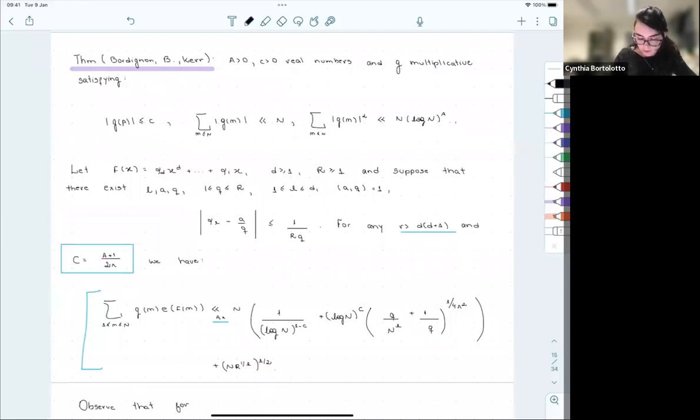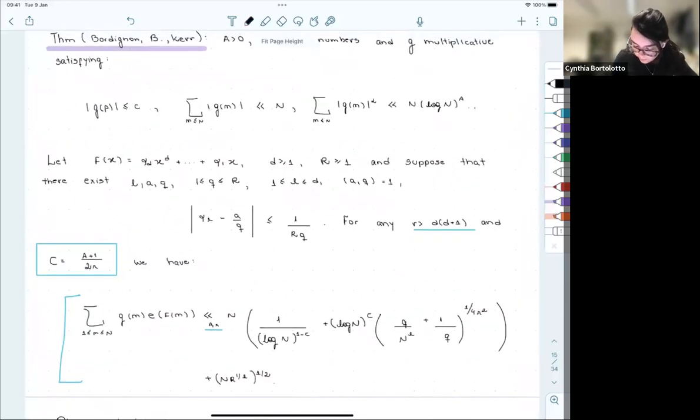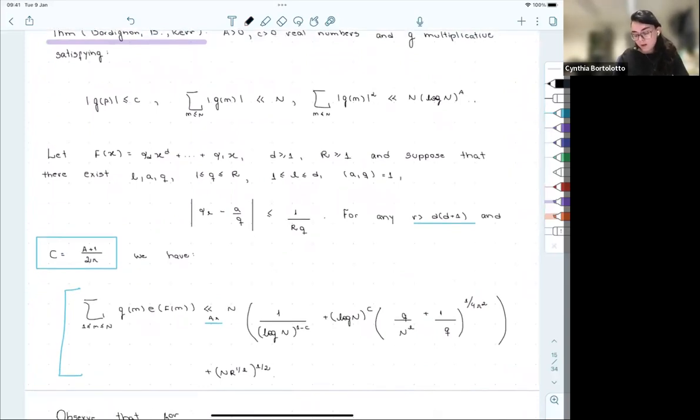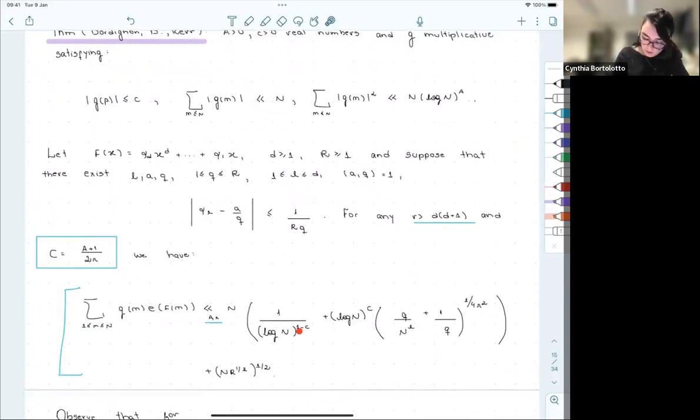And we observe that when we take R very big, then we can make this C smaller. The first term here is log n to the 1 minus C. So we lose this decay of log to the C. And we can make it small, but then we lose in the constant.